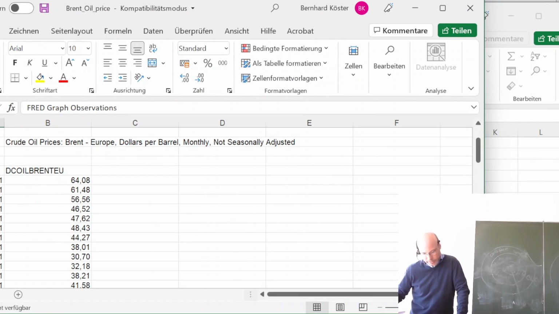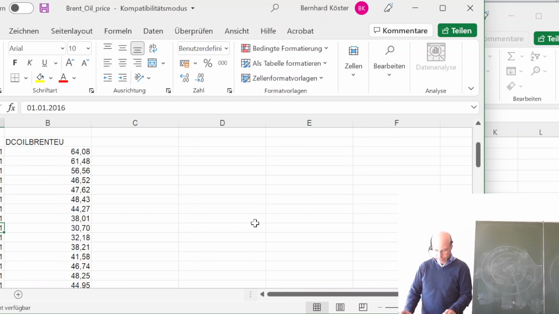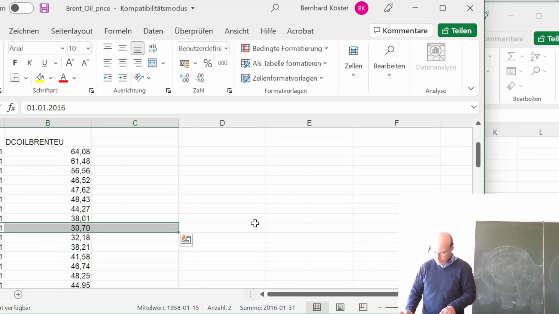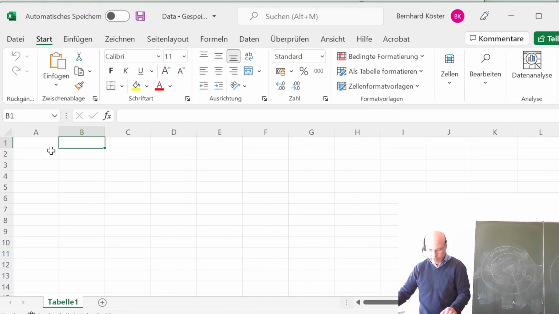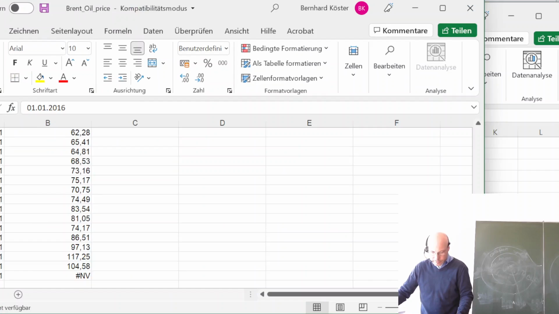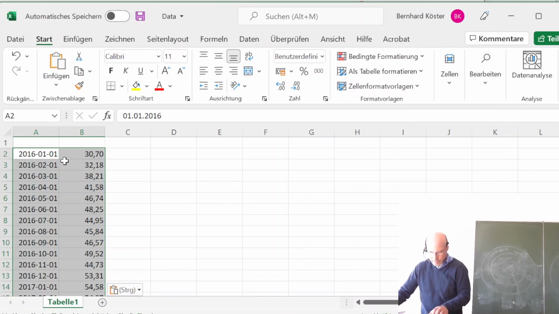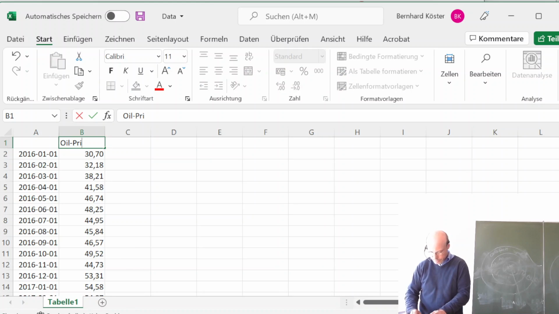So we start here at May. Then let's start here at January 2016. Copy and paste. So this is oil price, Brent in US dollar.